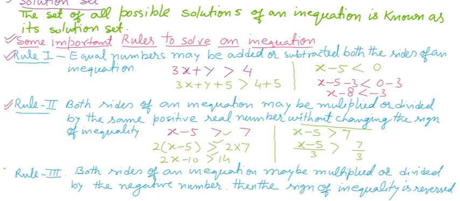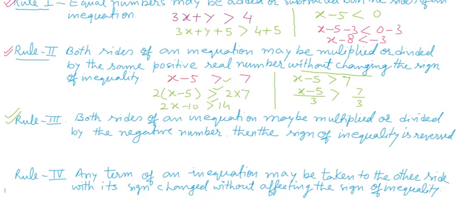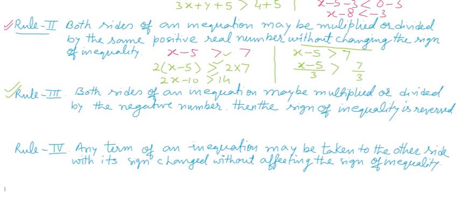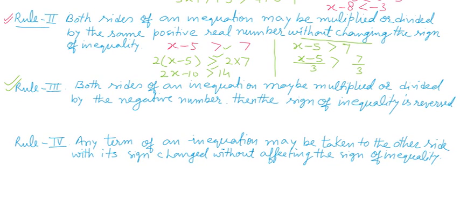Okay. Now see rule number 3. Both sides of an inequation may be multiplied or divided by a negative number, then the sign of inequality is reversed. Pay attention here. For example, x minus 5 is lesser than or equal to 3.